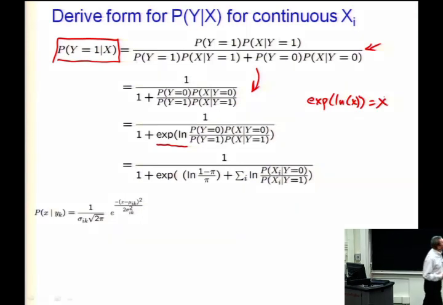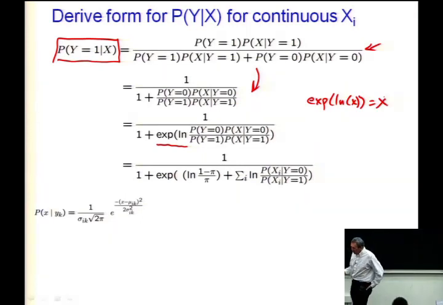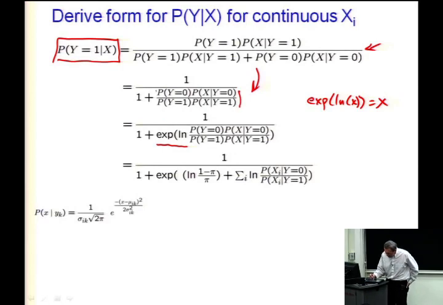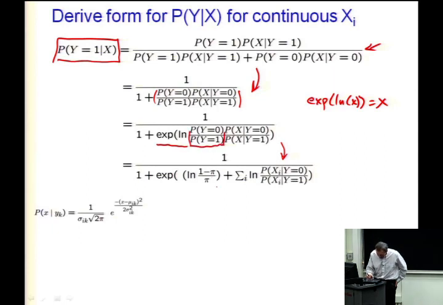So I can substitute for this quantity the exponential of its logarithm. It looks kind of odd, but it's going to turn out nicely for us because in the final step, I can separate the log of this product out as the log of this plus the log of this.